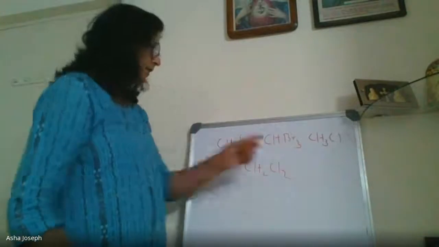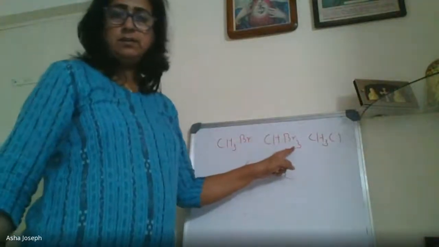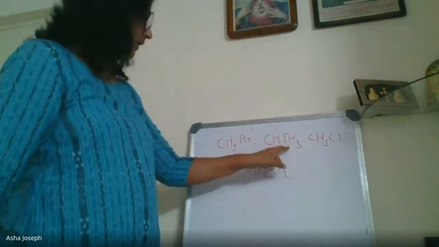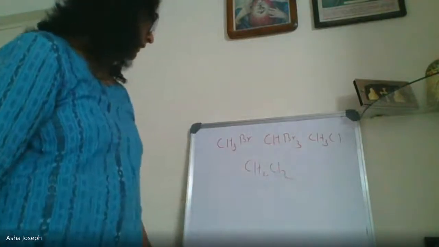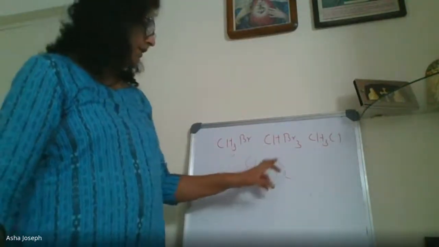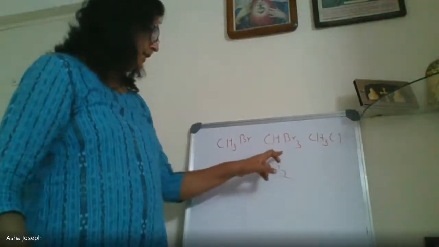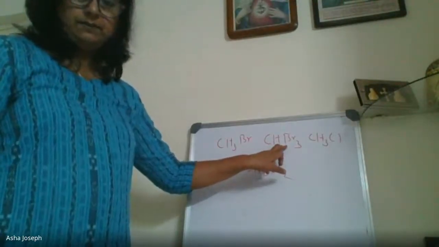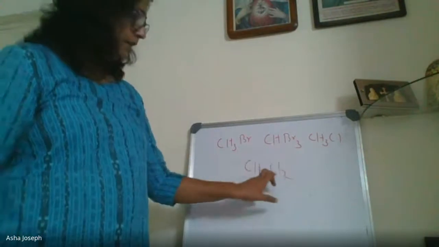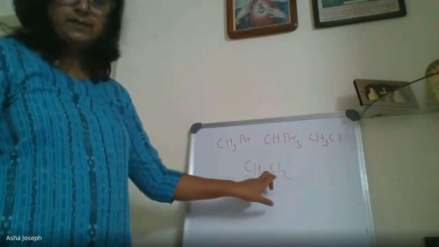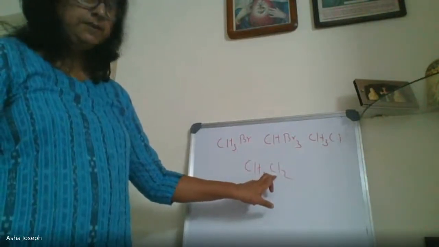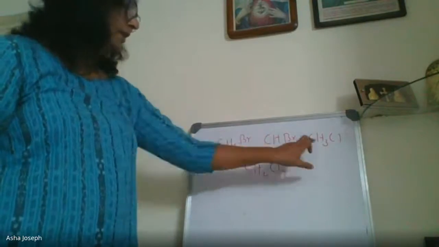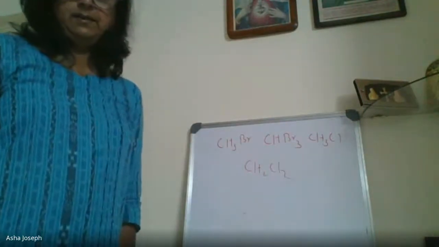See, bromine has higher atomic mass than chlorine, isn't it? Increasing means this will have the highest. Then here two chlorine atoms are there, this will have the second. Then bromine, and this will be the least. Okay, so understood?